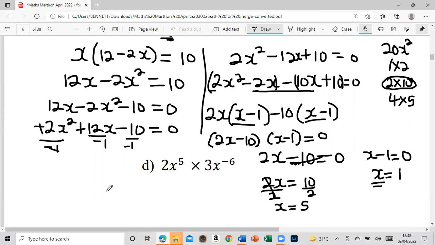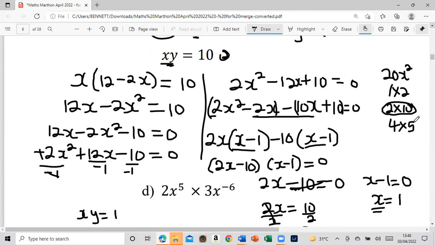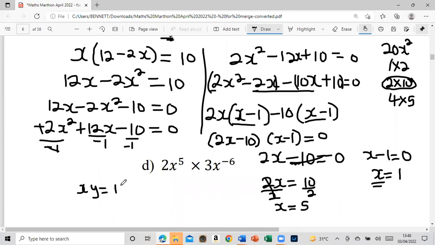One of the equations was xy equals 10. And we can solve for that.